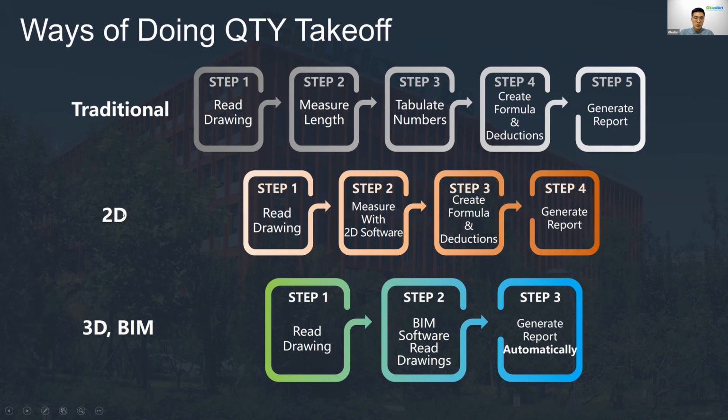However, with the 2D software, it just somehow replaced the ruler and calculator with software. But the rest of the jobs remain the same. You have to do it manually. Let's take a look at how BIM technology works. First of all, you get the drawing. Secondly, the software will actually read the drawing as well.